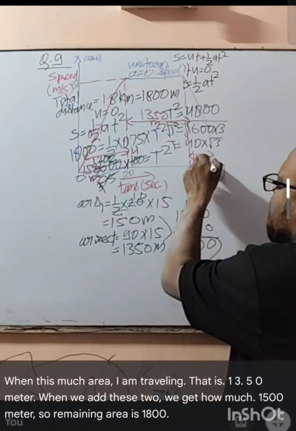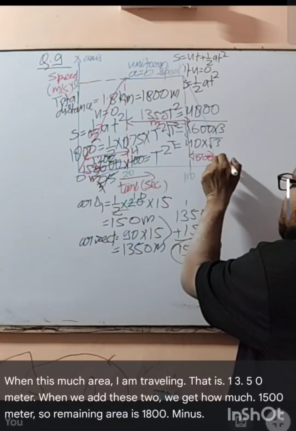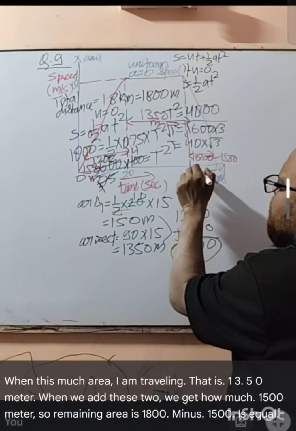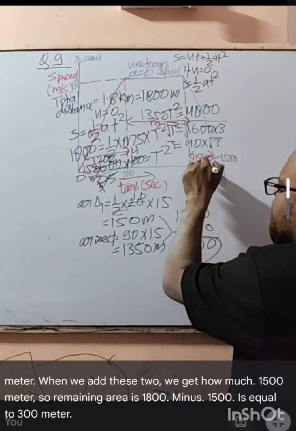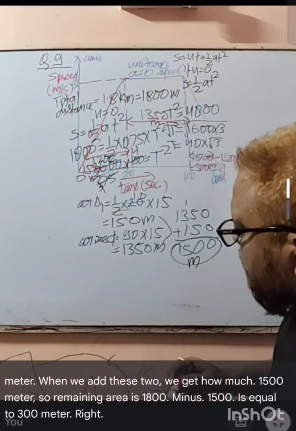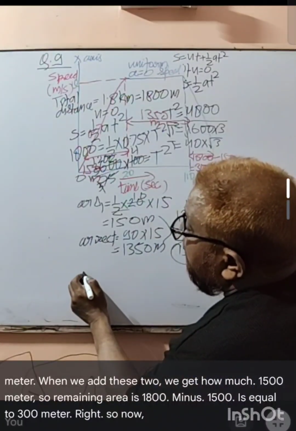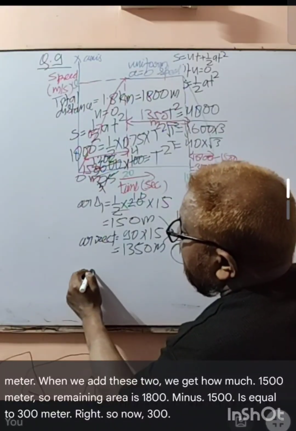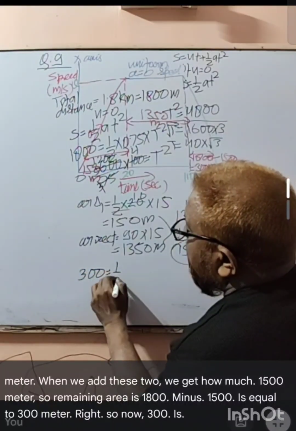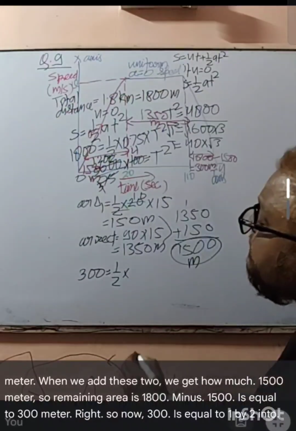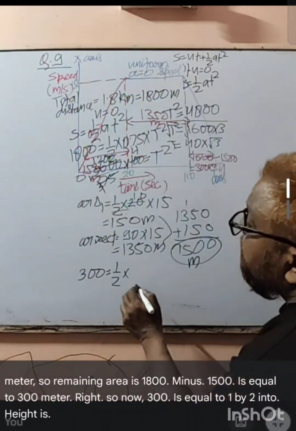So remaining area is 1800 minus 1500 is equal to 300 meter, right? So now 300 is equal to 1 by 2 into height is 25.